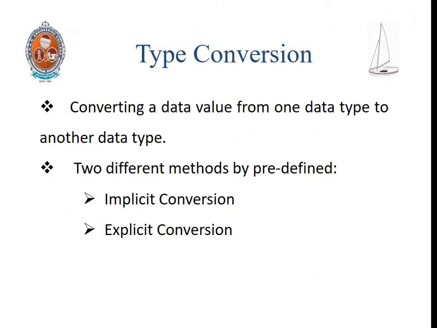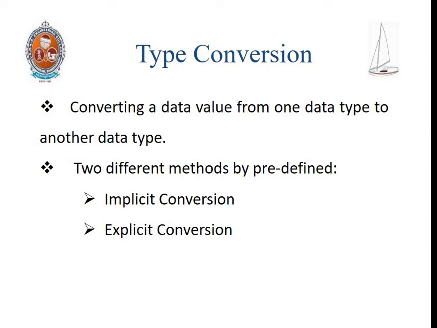And next is type conversion. Type conversion is the conversion from one type to another. The main idea behind type conversion is to make a variable of one type compatible with a variable of another type to perform an operation.